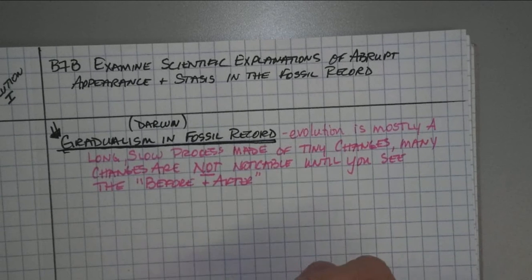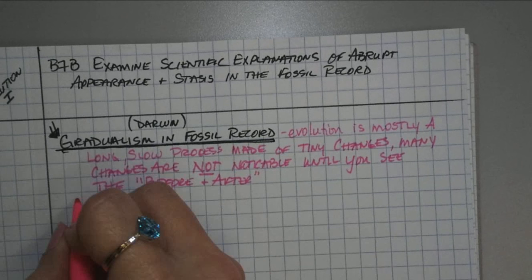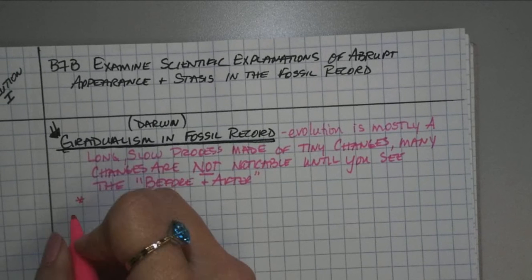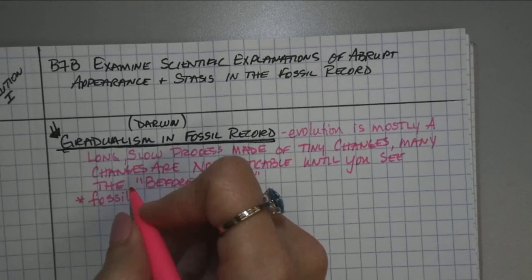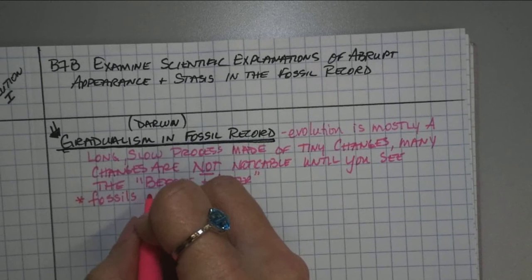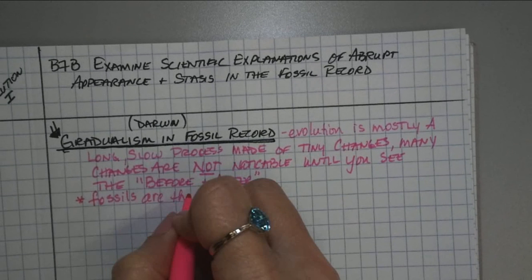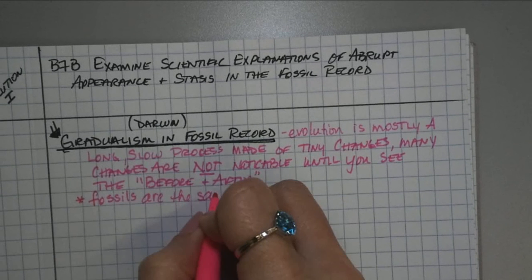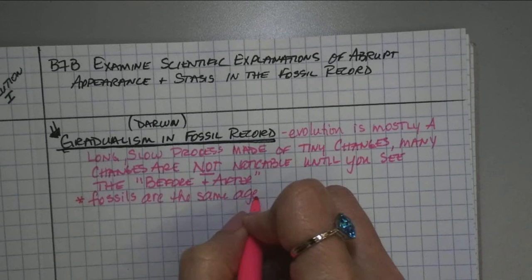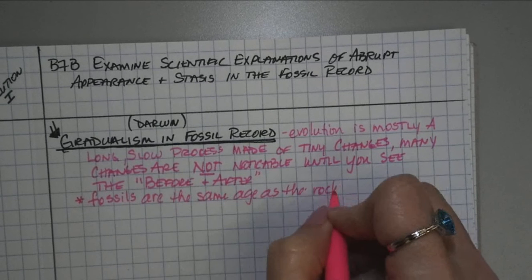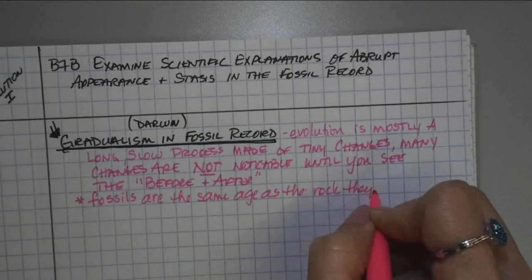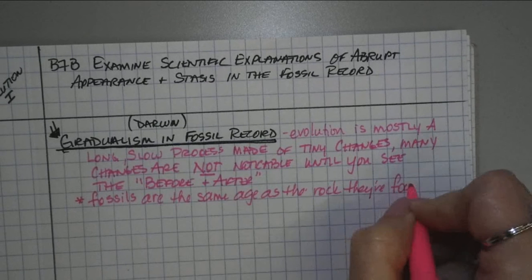Okay? Now, I just said something about fossils being in layers of rock. Fossils are the same age as the rock that they're found in. That just makes sense, doesn't it? Fossils are the same age as whatever rock they're found in.